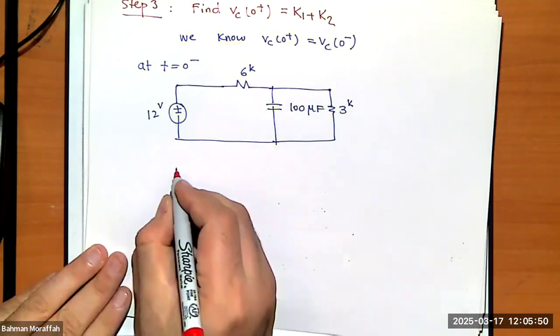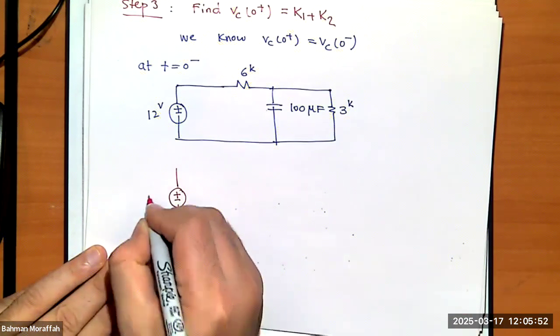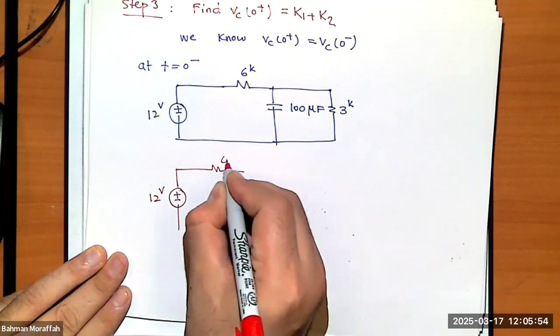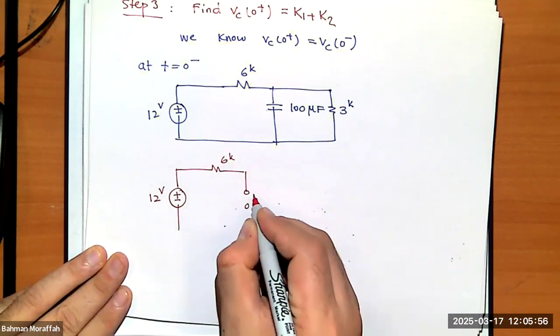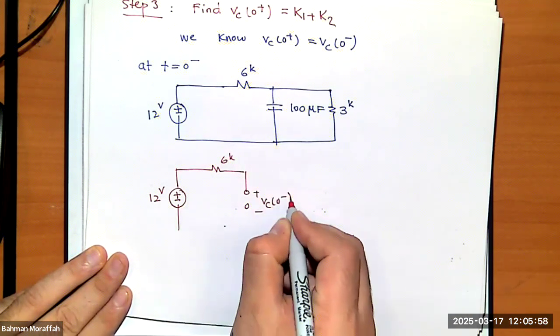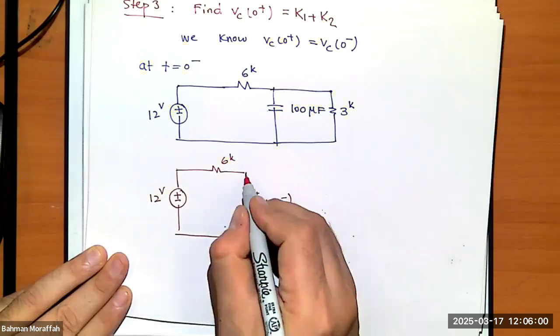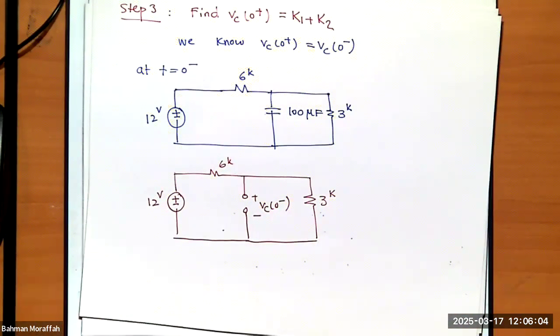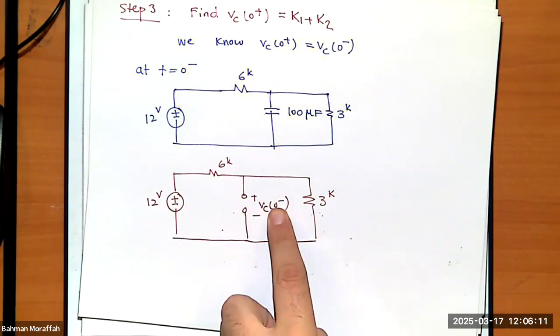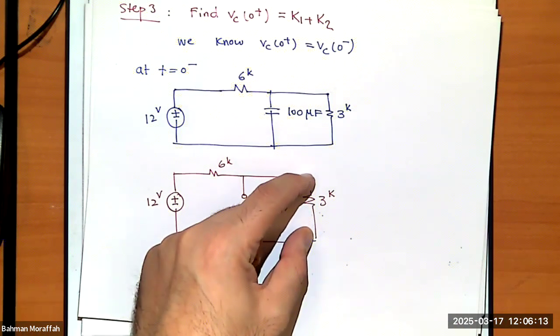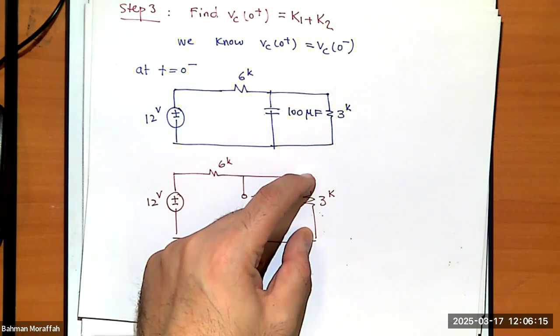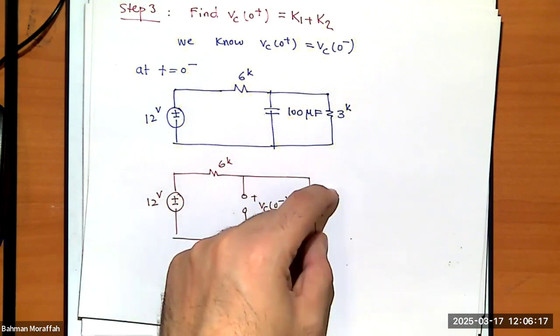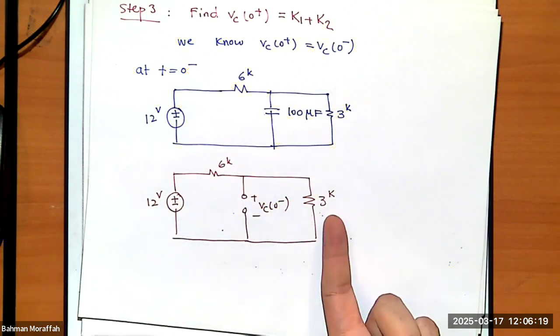So my circuit basically looks like this. What I'm claiming is that VC at 0 negative is the same as voltage across this 3K. They're in parallel. So what is voltage across this 3K?